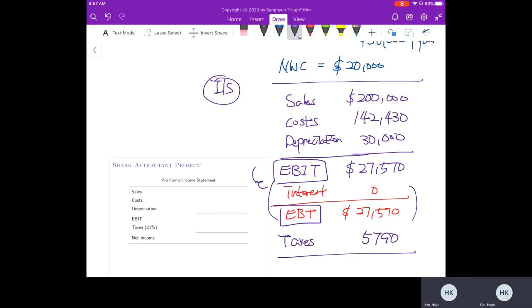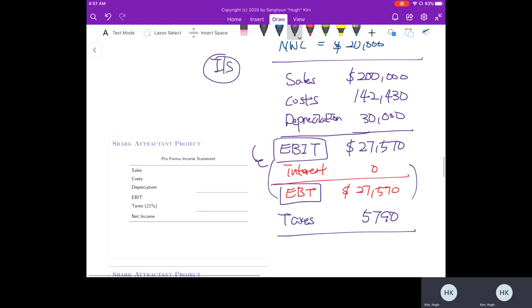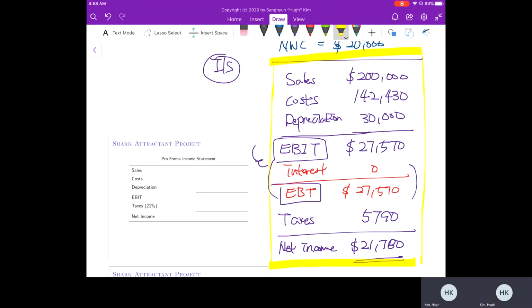So we subtract that, then we get net income, which is $21,780. So this is the pro forma income statement.